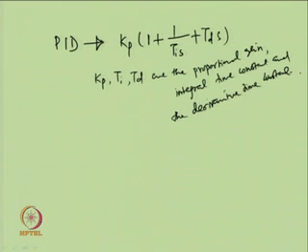So, this form of transfer function is also often known as the parallel form of the PID controller transfer function. What are those phase lead type of controllers?